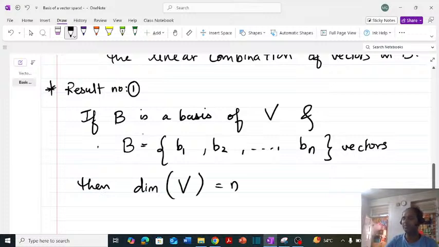So the number of linearly independent vectors in the basis represents the dimension of the vector space V.